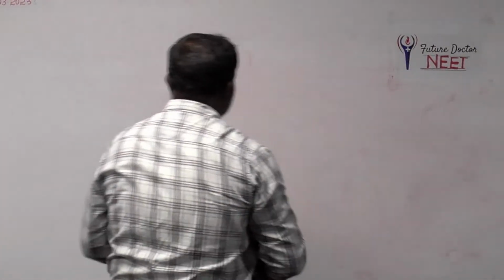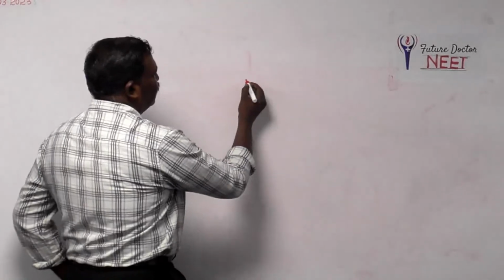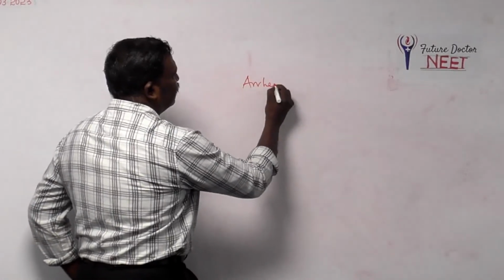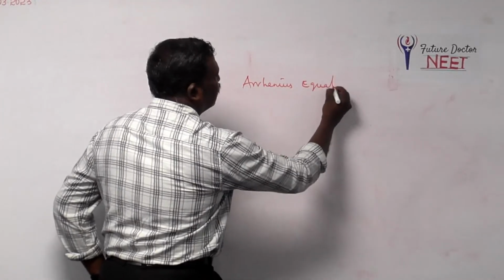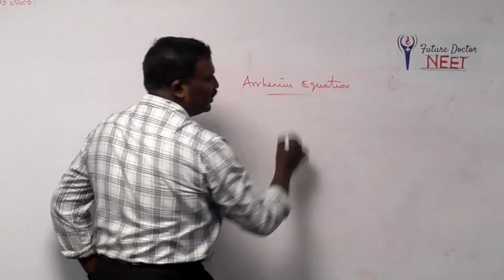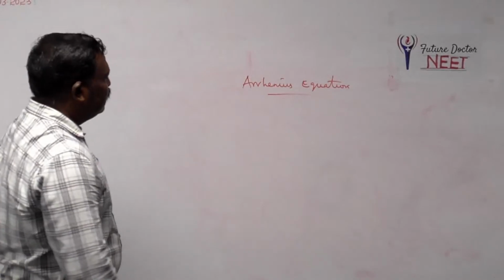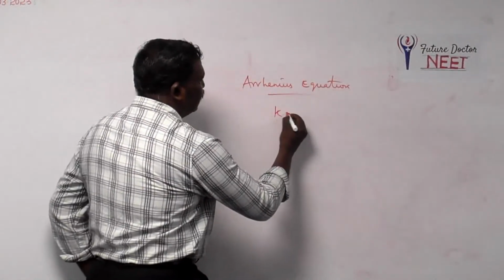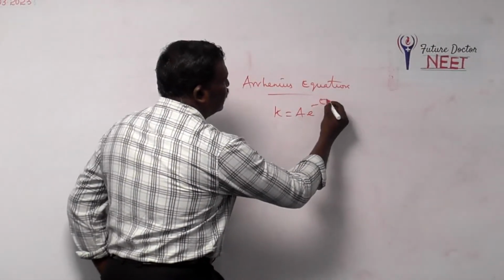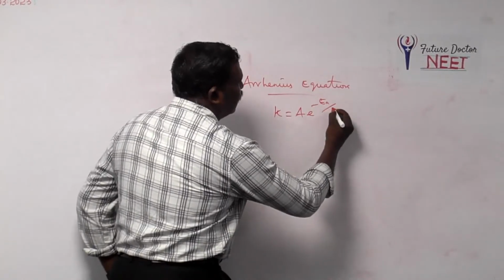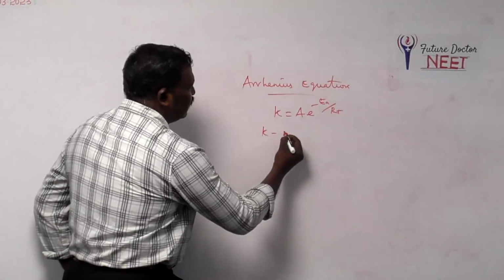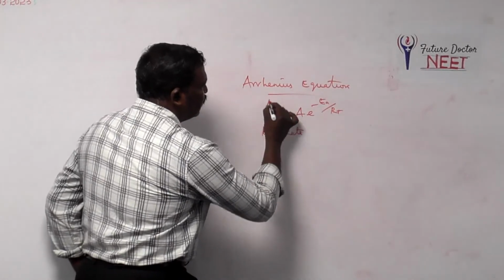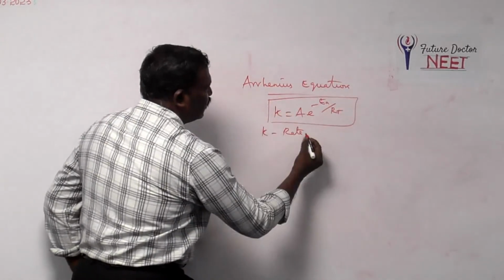Now the formula I will give, all simple. The Arrhenius equation: K is equal to A into e power minus Ea by RT. It's a formula. K is the rate constant.